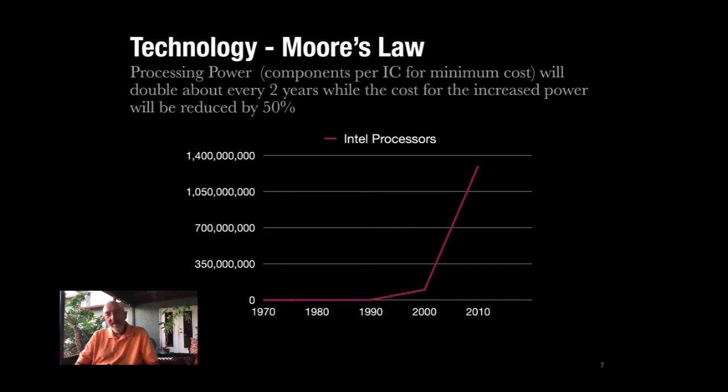If we go back to 1970, now you can't see it on this chart because of the scale and the almost logarithmic growth that we see. But back in 1970, there were about 1,000 transistors sitting on the integrated circuit.